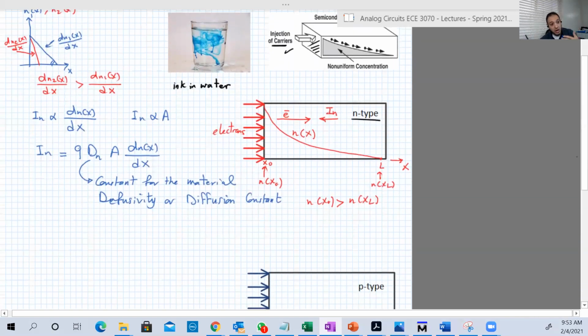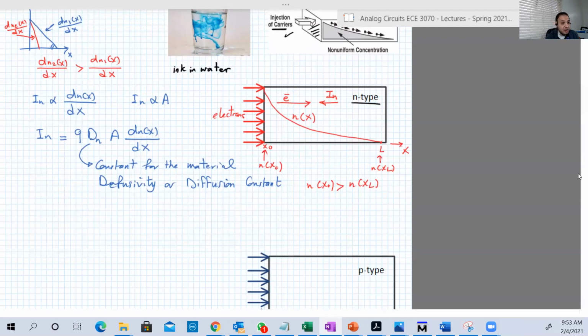For other materials, we have Dn, but with another value. Again, we don't like to relate to the geometry. So we're going to divide by the cross section area and get the current density, Jn, just like what we did with the drift current. So Jn is equal to In divided by A, the cross section area. So this will be Q Dn dn of x by dx.